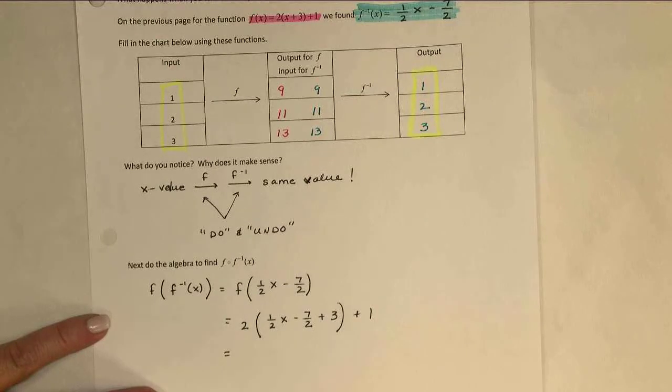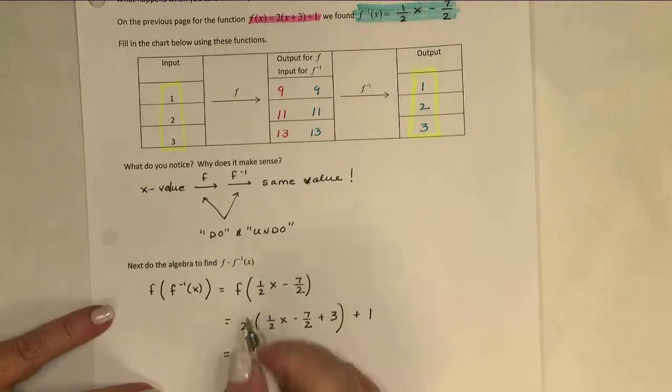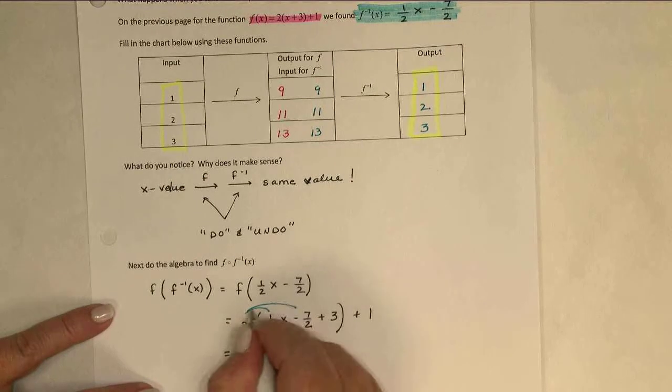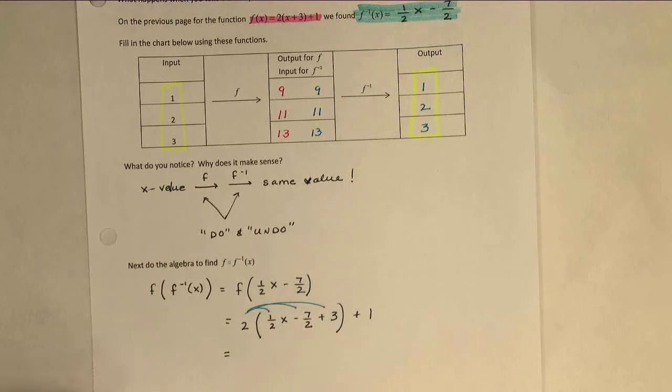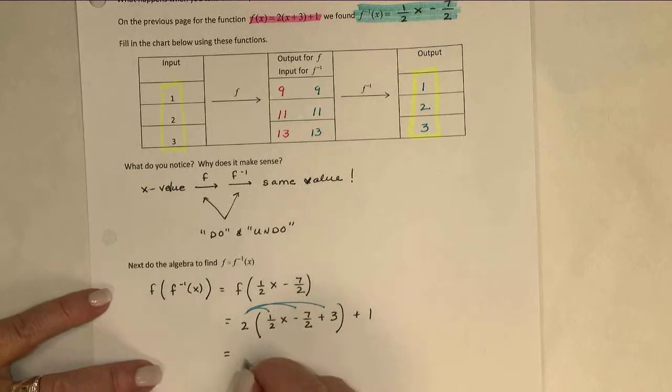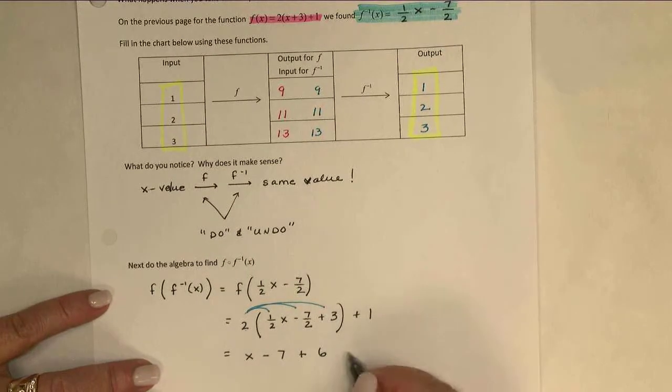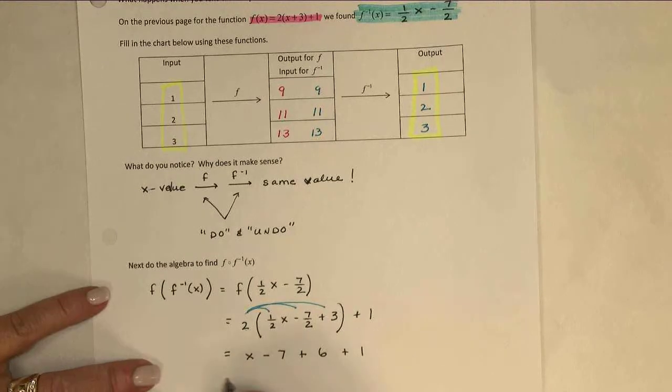Let's simplify that. If I go ahead and distribute that 2, I'm going to get 2 times 1/2 x, which would just be 1x, minus 2 times 7/2 would be 7, plus 2 times 3 is 6, plus 1, which gives me x.